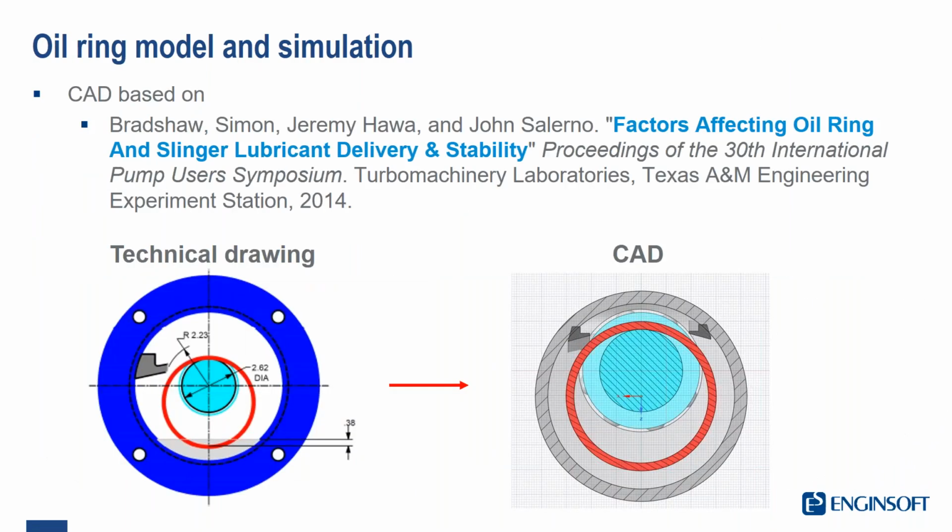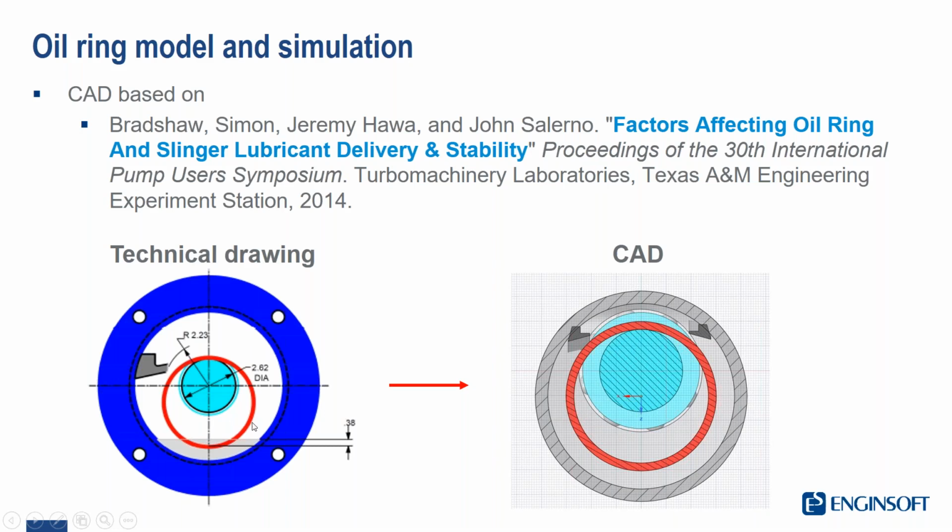Okay, going back to our centrifugal pump and the main simulation that we will discuss. As I mentioned, our simulation is based on a study from Simon Bradshaw, in which Simon and his co-workers tried to analyze the lubrication, the possibility to collect some oil with a system that is schematized here at different RPM and different oil levels.